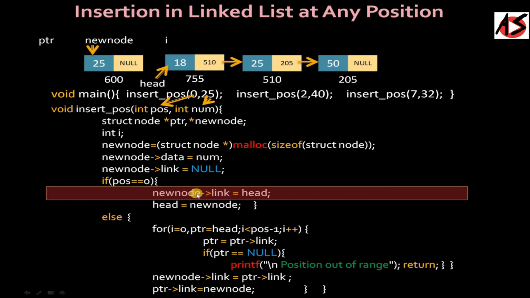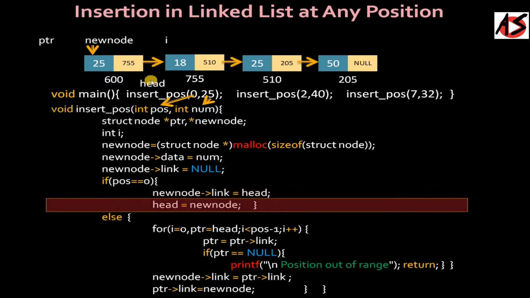Here we can see new node link part is equal to head. So now this is the new node, and its link part is pointing to the head node, that is 755, and we have to change the head pointer to be equal to new node.